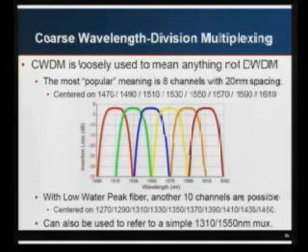With low water peak fiber, there's another 10 channels that are available that are standardized. So in theory, you can get up to 18 channels. The difference is because these cover a very huge amount of spectrum, the optical properties are very different. So you may see much more attenuation on your low channels than your high channels. People also use CWDM to refer to just a 1310, 1550 mux, which is just a simple, very wide 2-band mux.